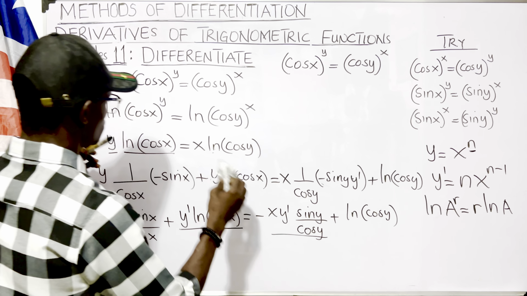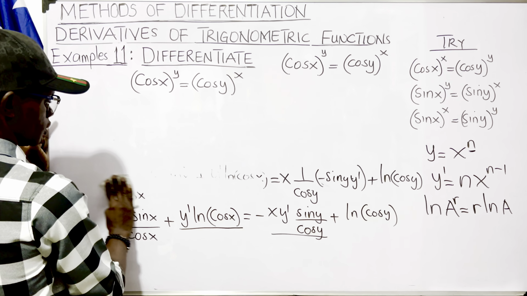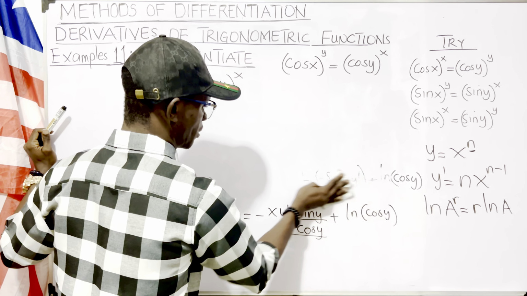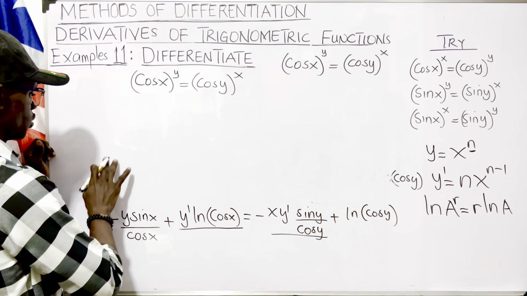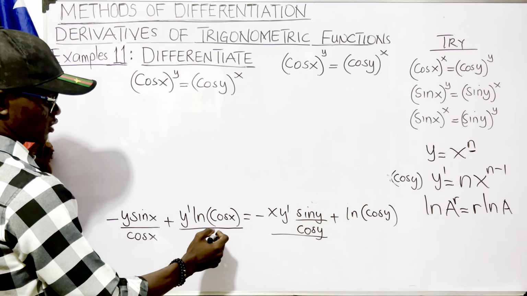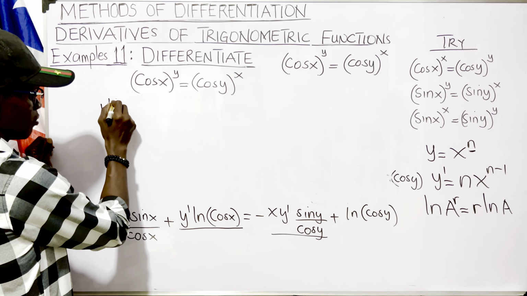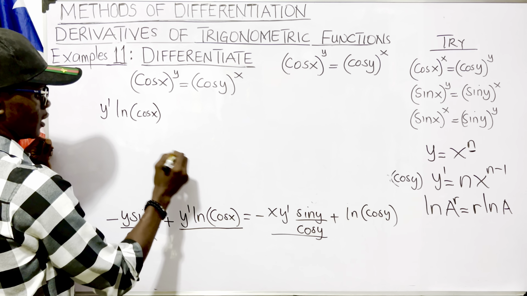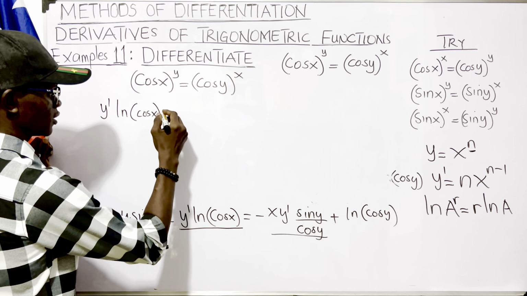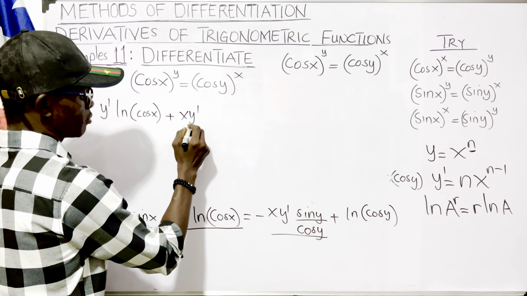Let's group the terms with y prime on one side of the equation, so that we'll be able to solve for y prime. So we now have y prime ln of cos of x. And if this comes across, it will be positive x y prime.